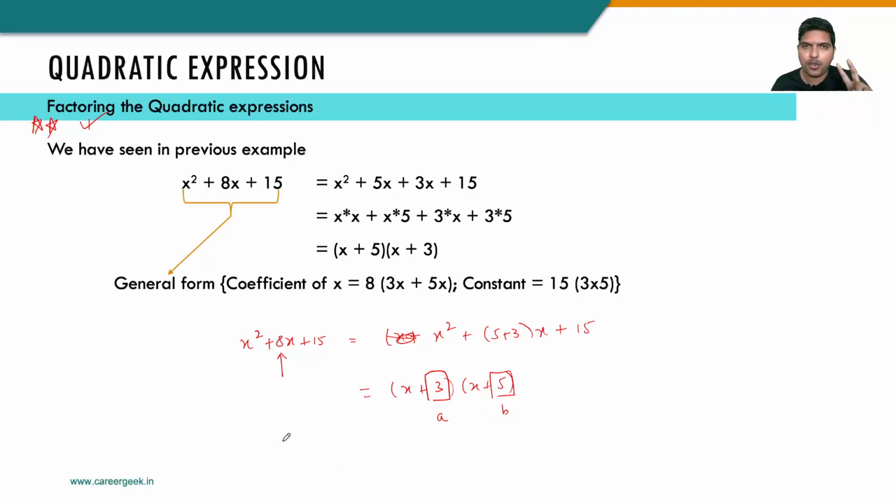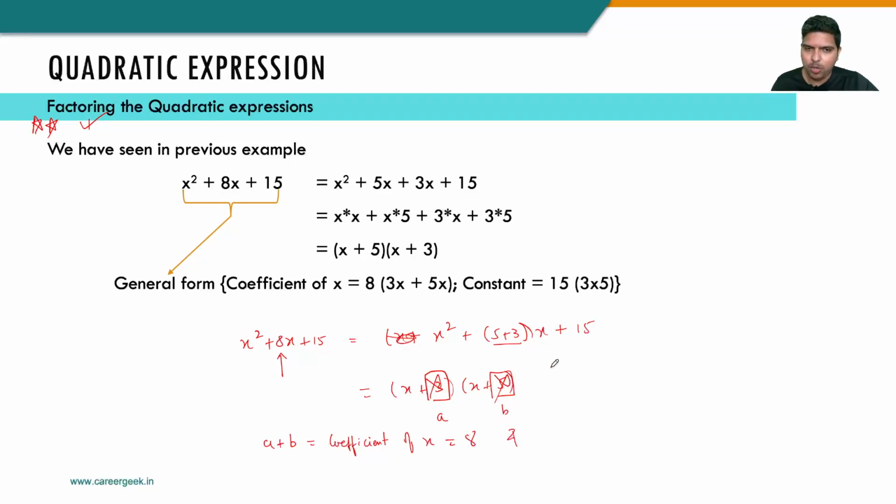If you have to find two numbers a and b, they must satisfy that the sum should be equal to the coefficient of x, which is equal to 8 in this case. For a moment, let's assume that we don't know these values, right? These are some values a and b. Since you already know that a plus b will get you 8, I've taken this example so that you will be able to remember.